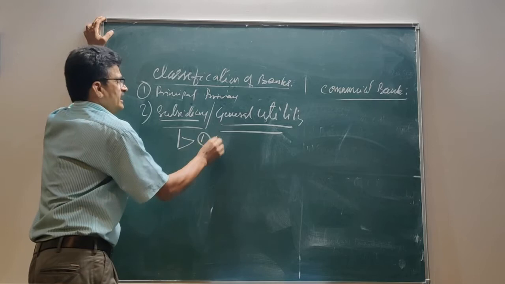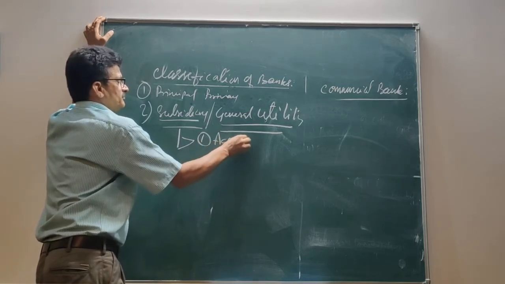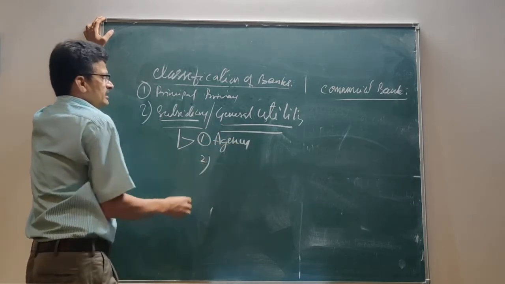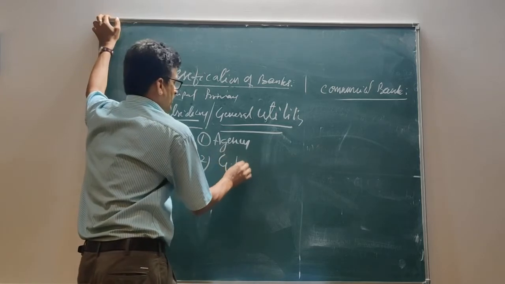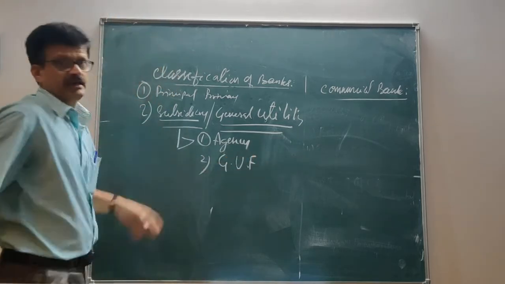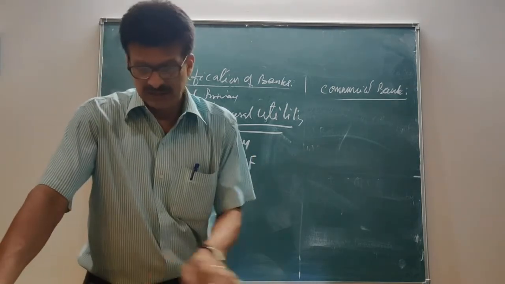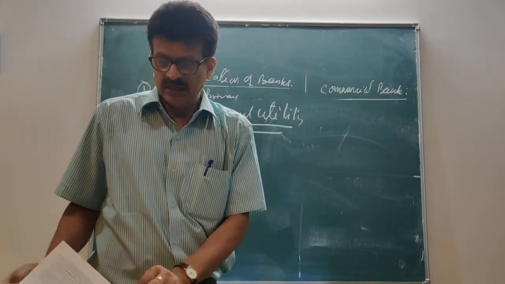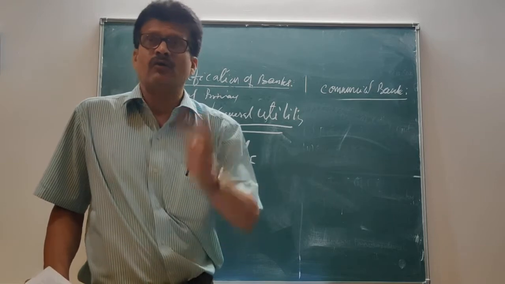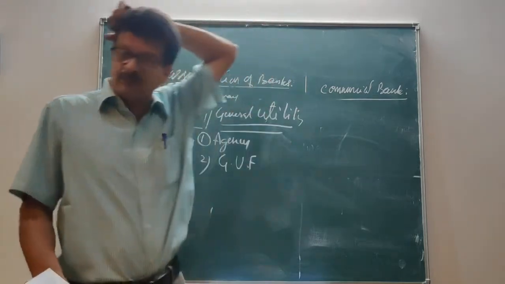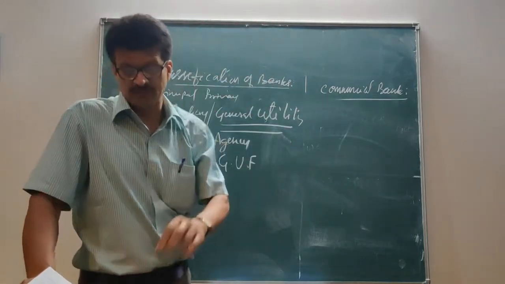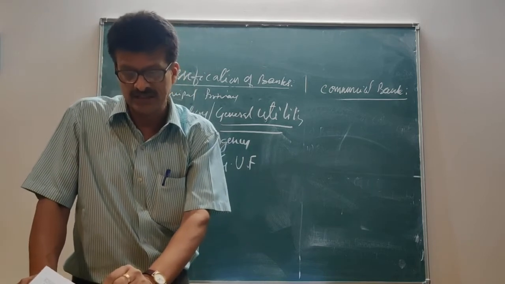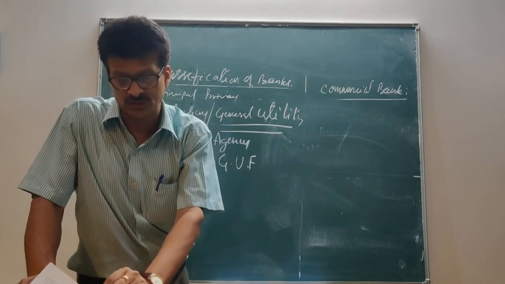One, agency functions. Second one, general utility functions. The commercial bank performs subsidiary or secondary services. They are over and above the main functions that they provide, the services which the commercial bank offers to its customers.